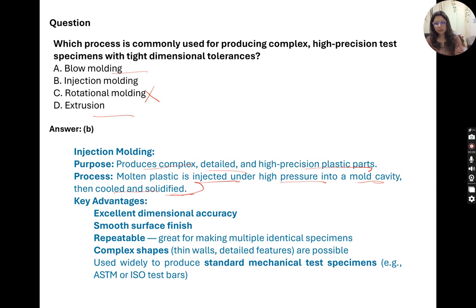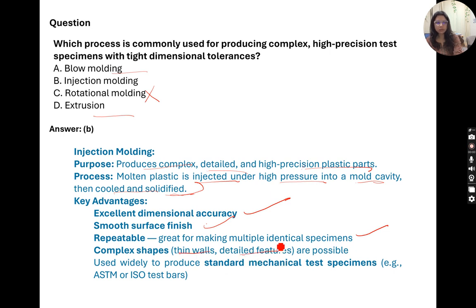The advantages of injection molding: first, excellent dimensional accuracy. Second, a smooth surface finish. It is also repeatable, great for making multiple identical specimens because the mold size is fixed every time. And complex shapes are possible, like thin walls and detailed features.